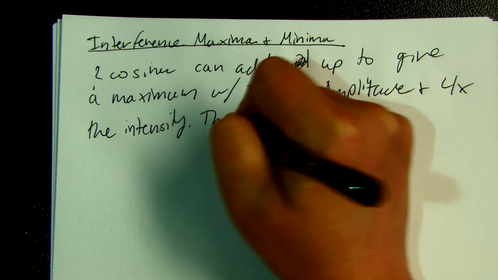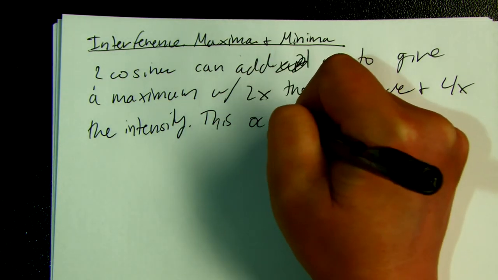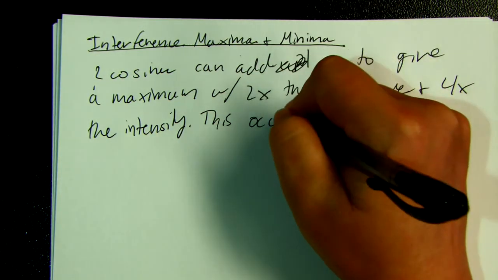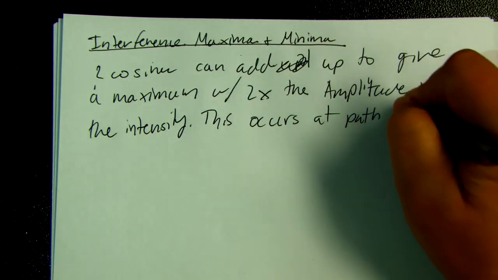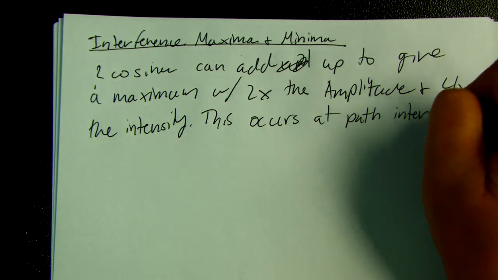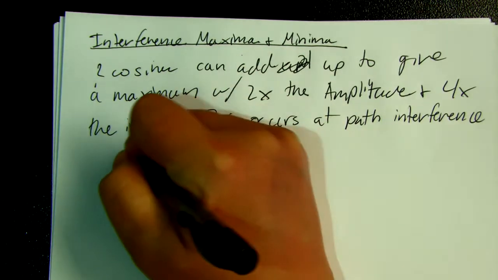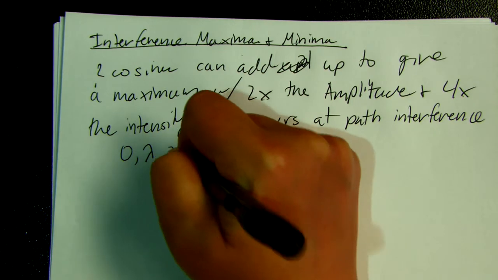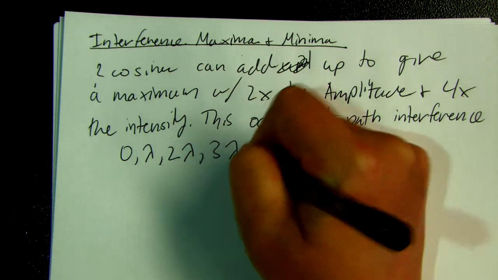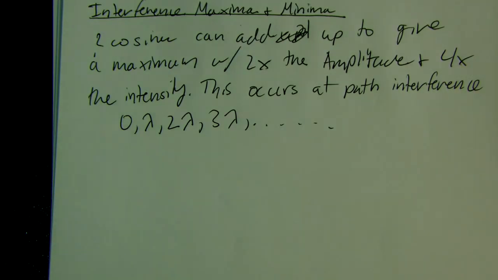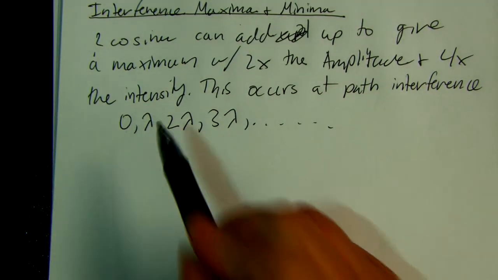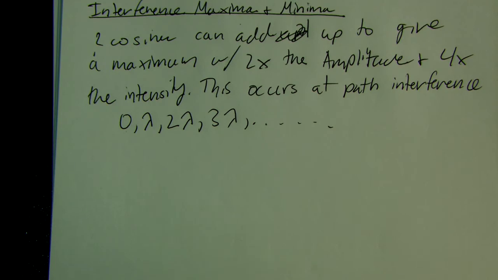This occurs at path differences of 0, lambda, 2 lambda, 3 lambda, and so on and so forth. So at these positions, you can get twice the amplitude and 4 times the intensity.